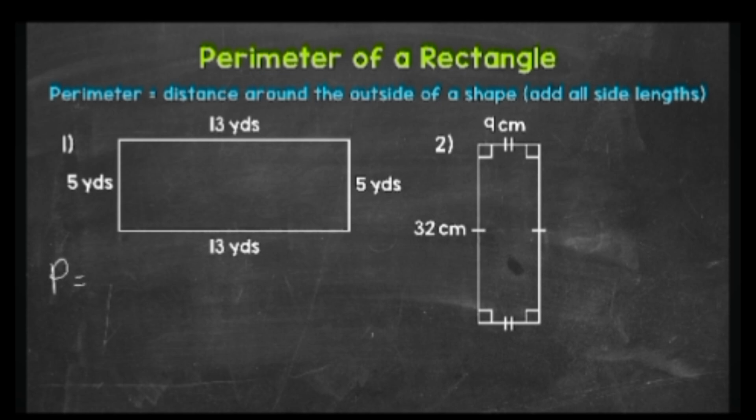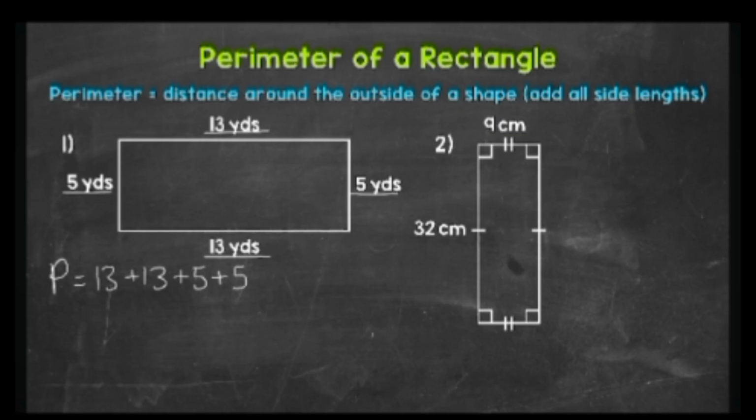As you can see in figure number 1, the opposite sides, 13 yards and 13 yards, are similar and equal, and the other two sides, which are 5 yards, are similar and equal to each other. The calculation of the perimeter of a rectangle is a bit different from what we calculated in the square yesterday.